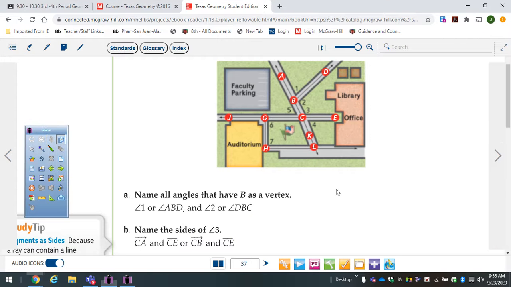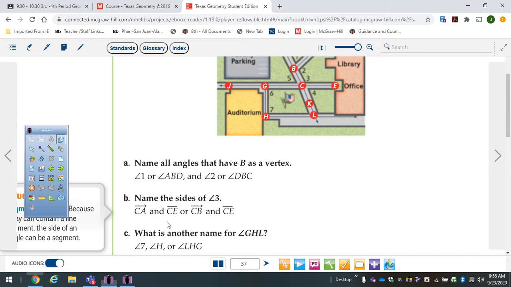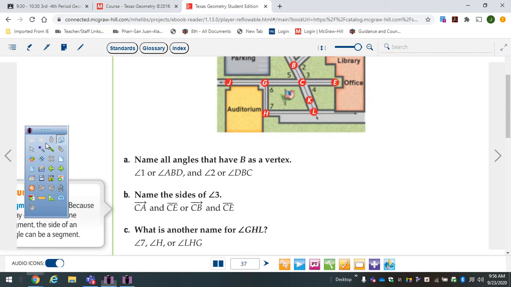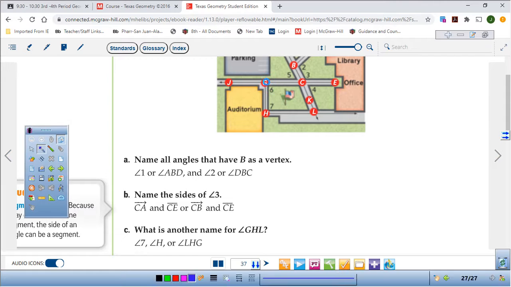Okay, good question, Jenna. Next one over here. What is another name for angle GHL? Where in the world is GHL? So GHL is down here on the bottom. Okay. So that angle there is the one that they're talking about. What's another name for it? Well, we can talk about that number in the corner, angle 7.